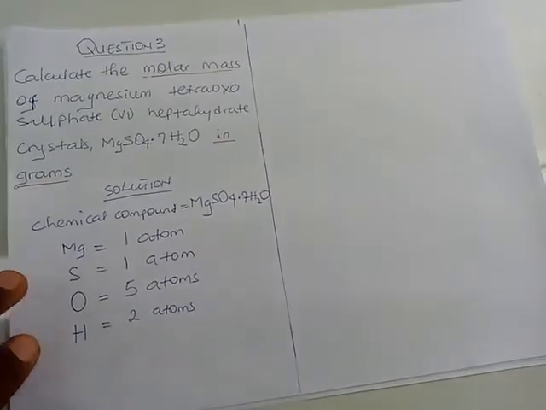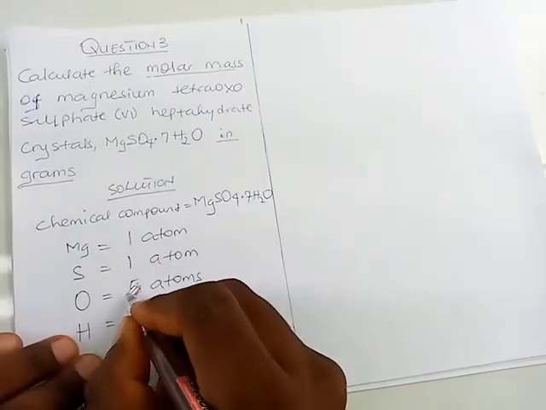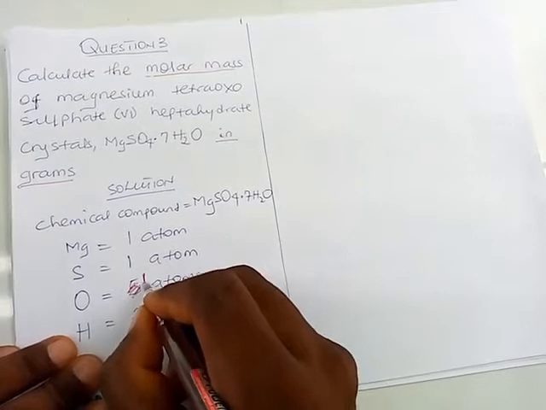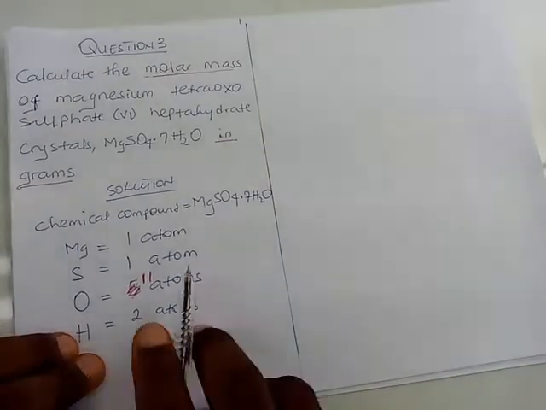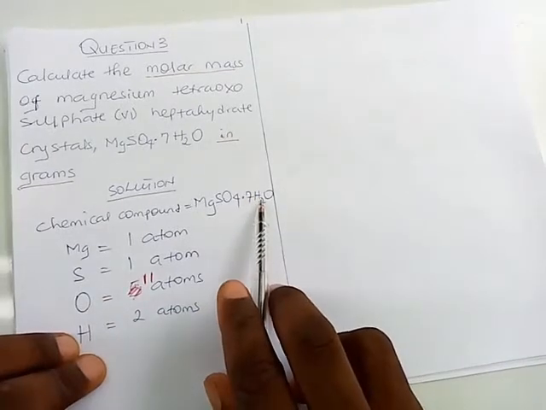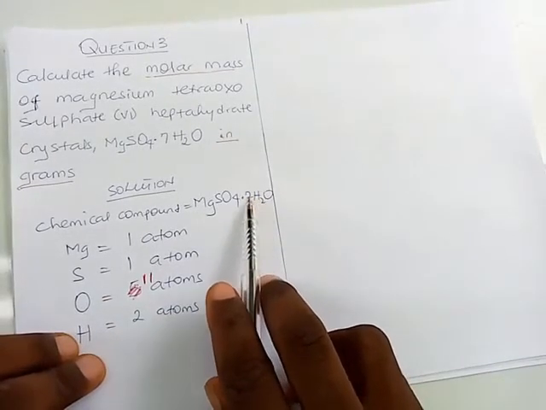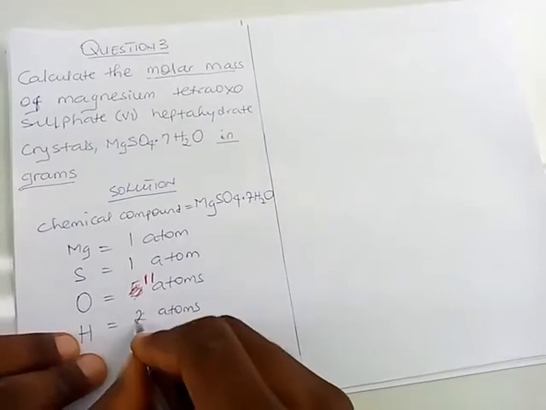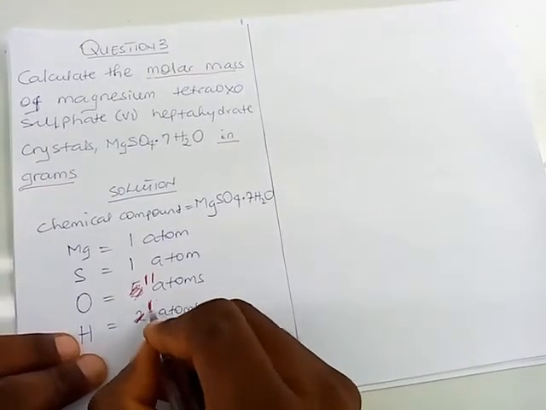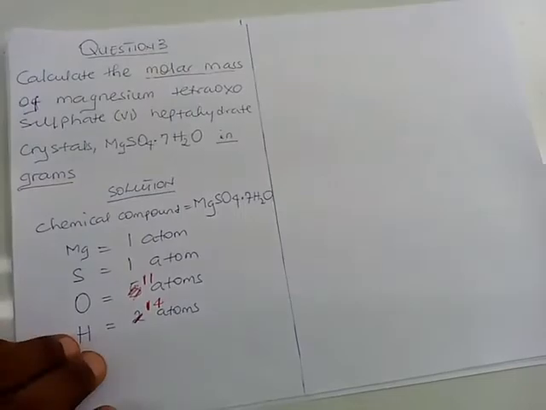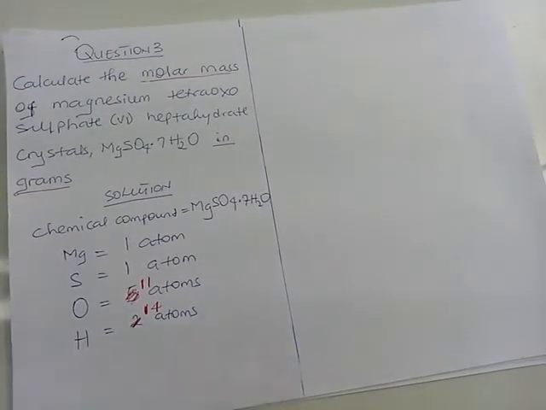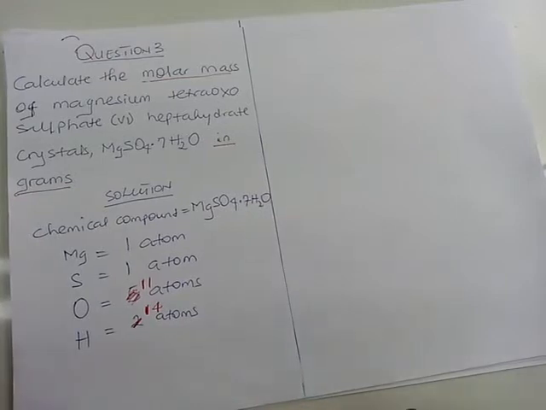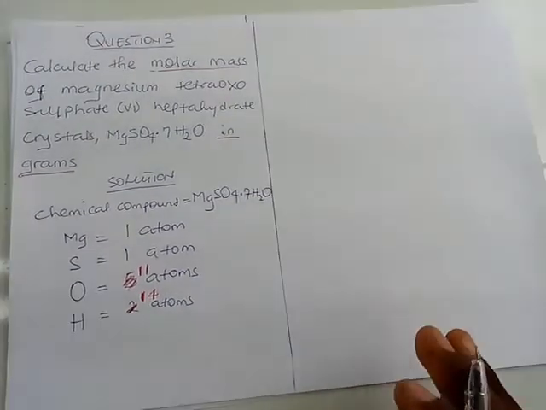So actually what we have is 11 atoms of oxygen. Then the next is hydrogen. We have 2 atoms of hydrogen times 7, that's 14. So what we have actually is 14 atoms of hydrogen.